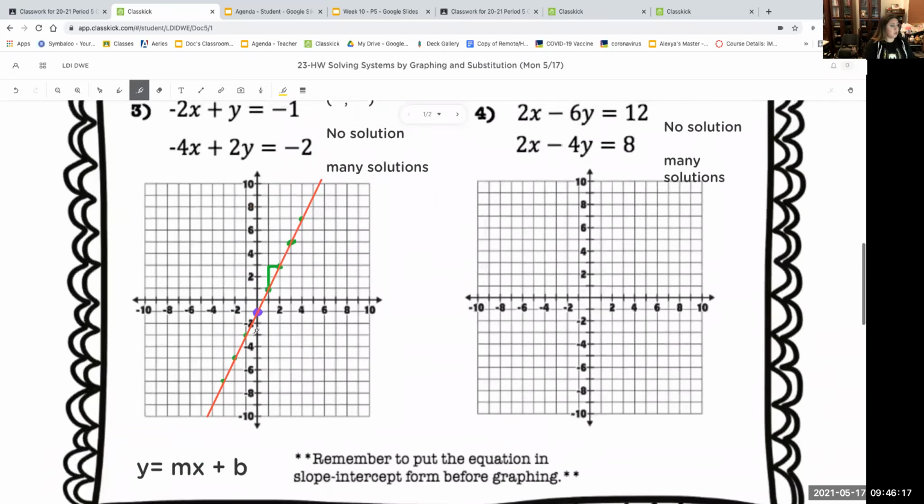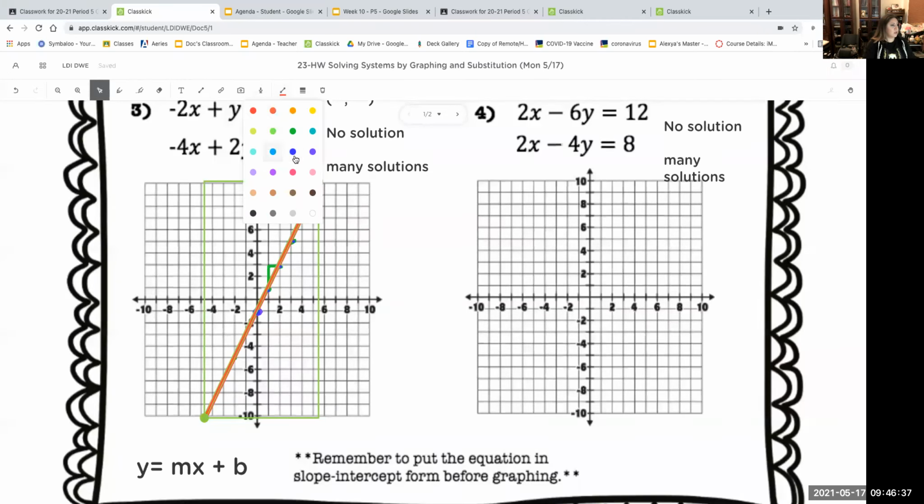So what happens when I draw one on top of the other? I'm going to go over and over. What ends up happening is that my line is on top of this line. So how many lines do I have?